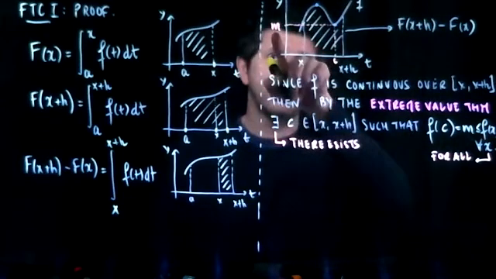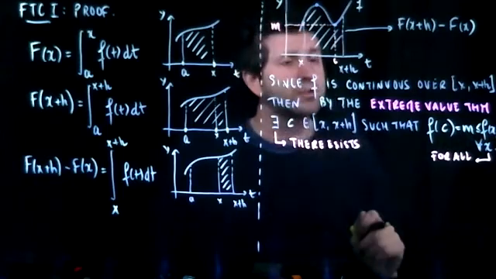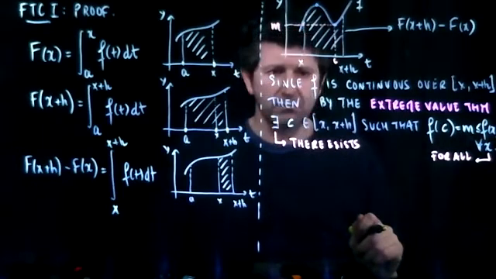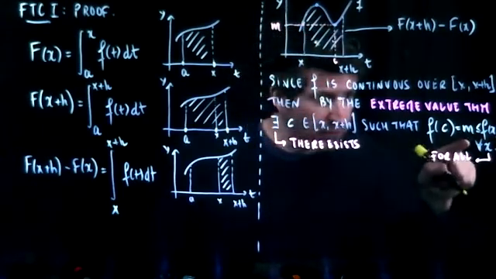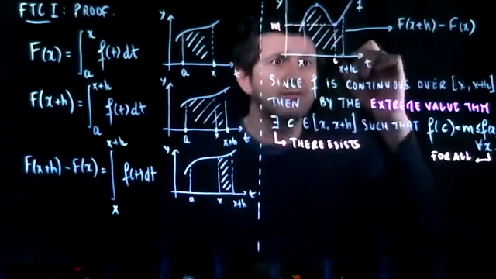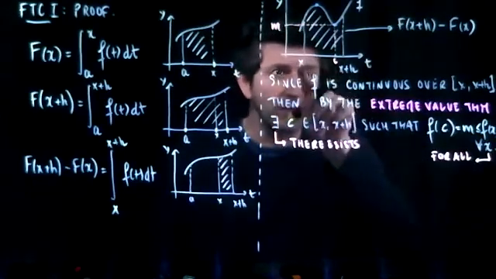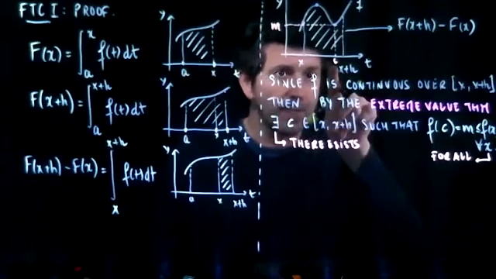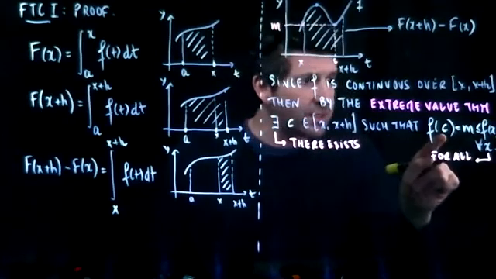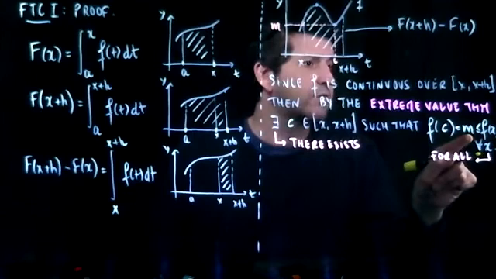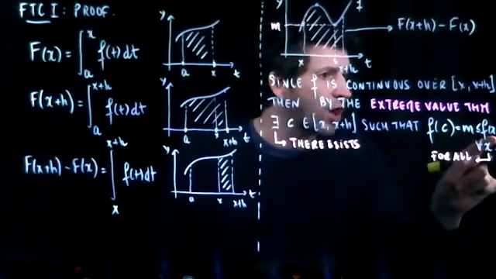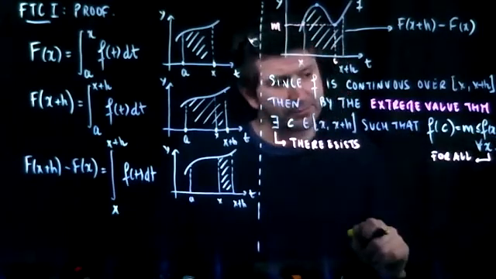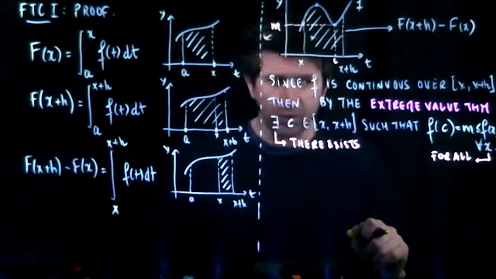If that's the case, then that M is the minimum value of the function. So formally, I'm saying that there is a value C between x and x plus h, for which f of C is equal to the smallest value, which is smaller than all f of x's. Makes sense? Okay, good? Yeah.